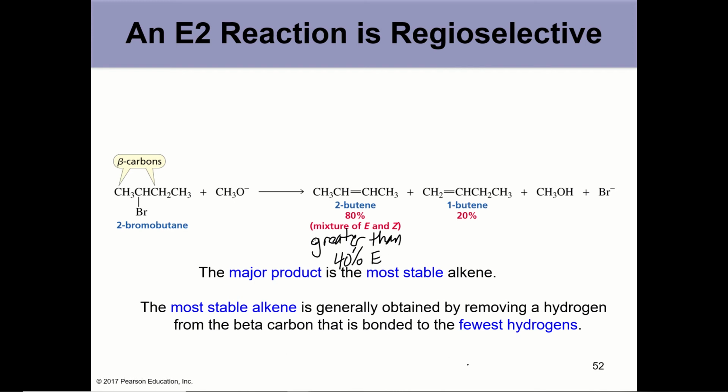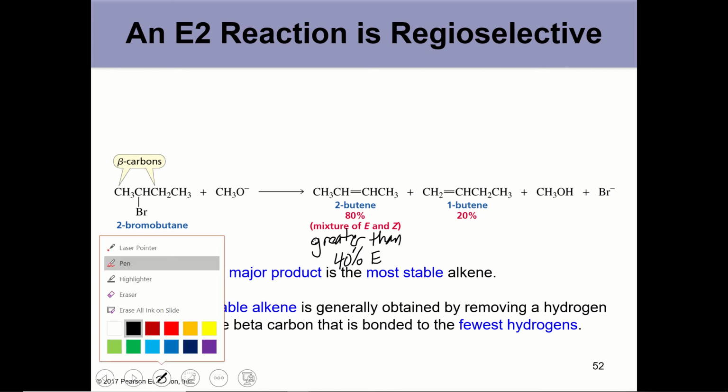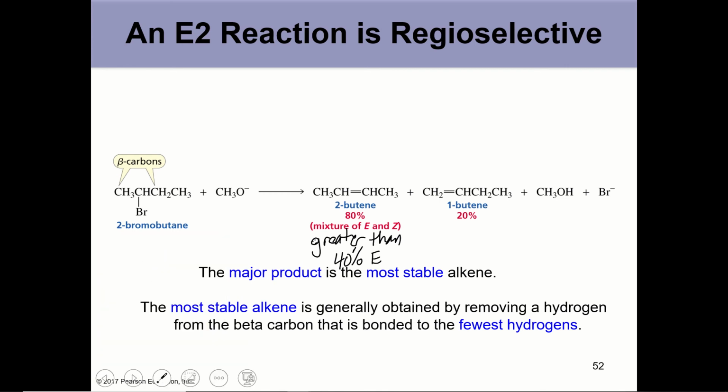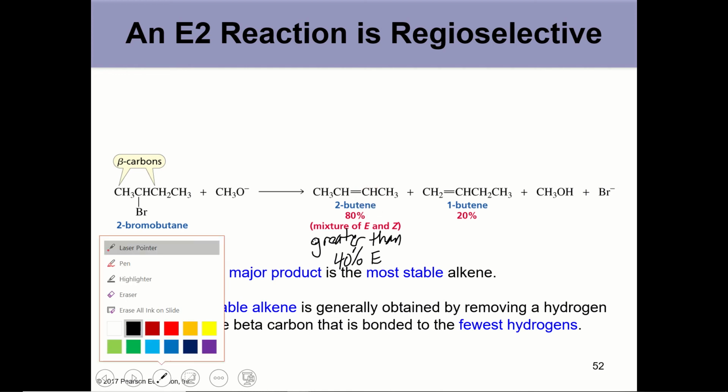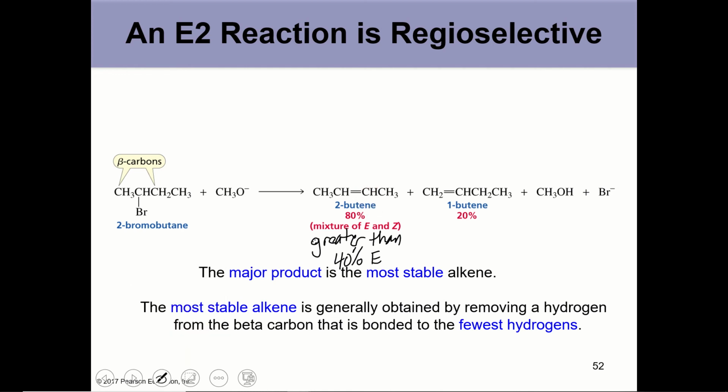The most stable alkene is generally obtained by removing a hydrogen from the beta carbon that is bonded to the fewest hydrogens. We can still use primary and secondary to refer to our beta carbons.